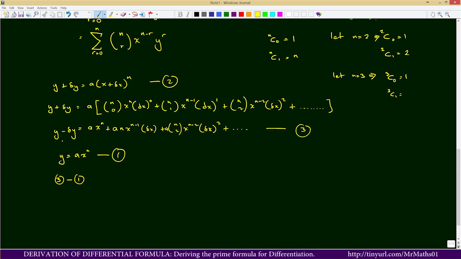Okay, take a look at the left hand side. Now this is y plus delta y, not y minus delta y. So on the left hand side, y plus delta y minus y, what will we get? Yes, we're left with delta y.